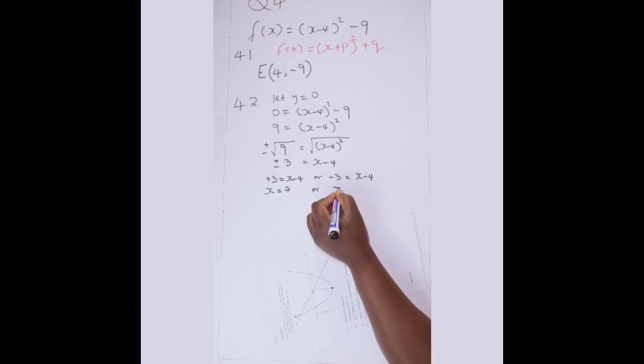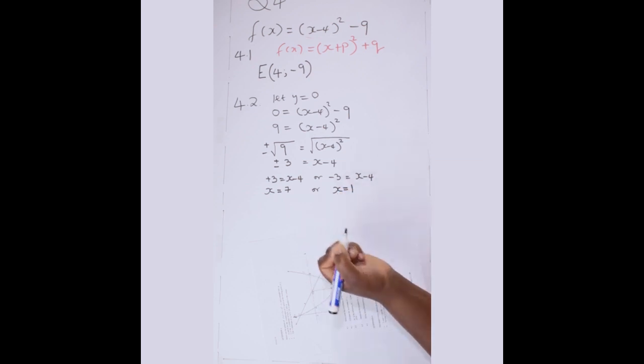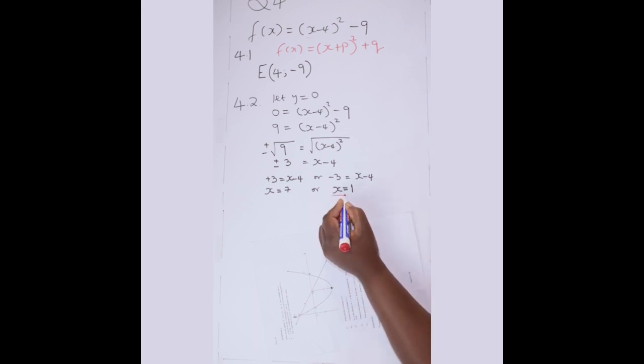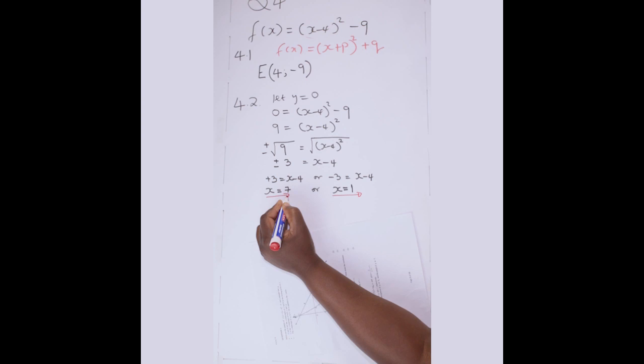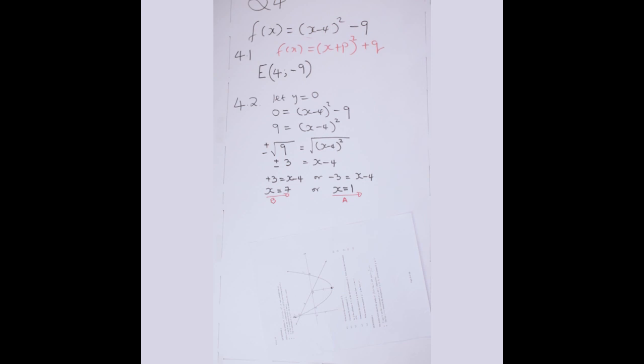Okay, we'll have x equals 7 and x equals 1. If we look at it, the one that is lesser should be the one next to 0, so that is 1, and the one that is bigger is 7. So meaning that the 7 belongs to B and the 1 belongs to A.